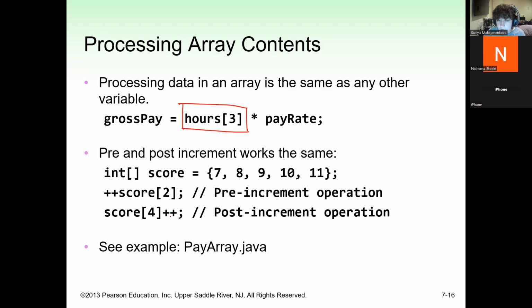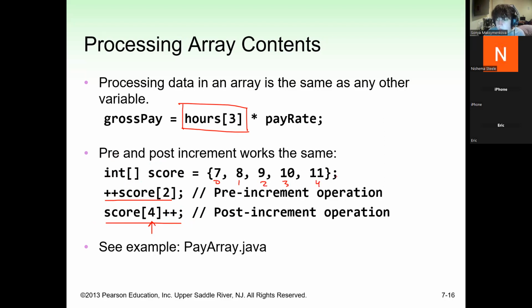So the plus signs, this is a pre increment, this is a post increment. They will do the same thing. They will just add 1 to whatever value is stored inside of your array score at a subscript 4. So for example, this one, score 4, let's see where our first element is: 0, 1, 2, 3, 4.